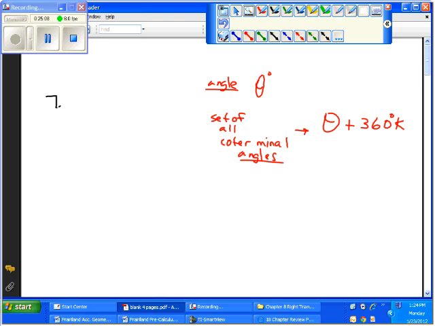So what would that be? The angle theta, we're just plugging into our formula, right? The angle theta plus 360 degrees k. That's the set of all angles coterminal with that angle. Okay?